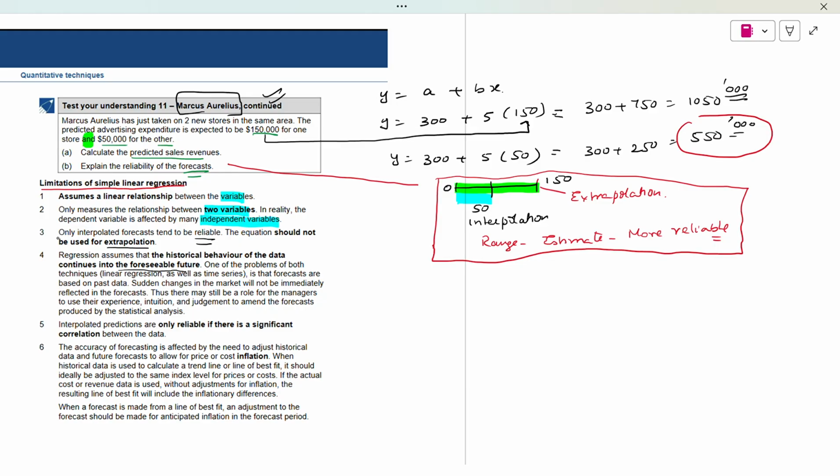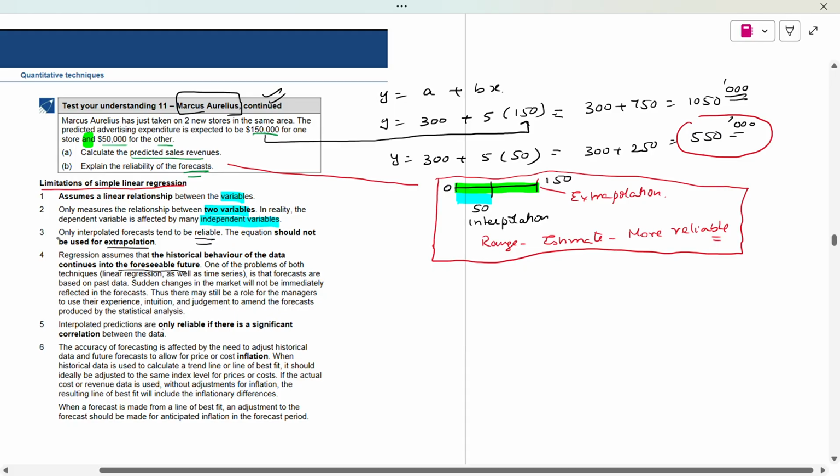It means what happens in the past will happen in the future also. That is one of the limitations. Actually, it is not so. Don't expect the same thing to happen in the future. But linear regression is based on that assumption.